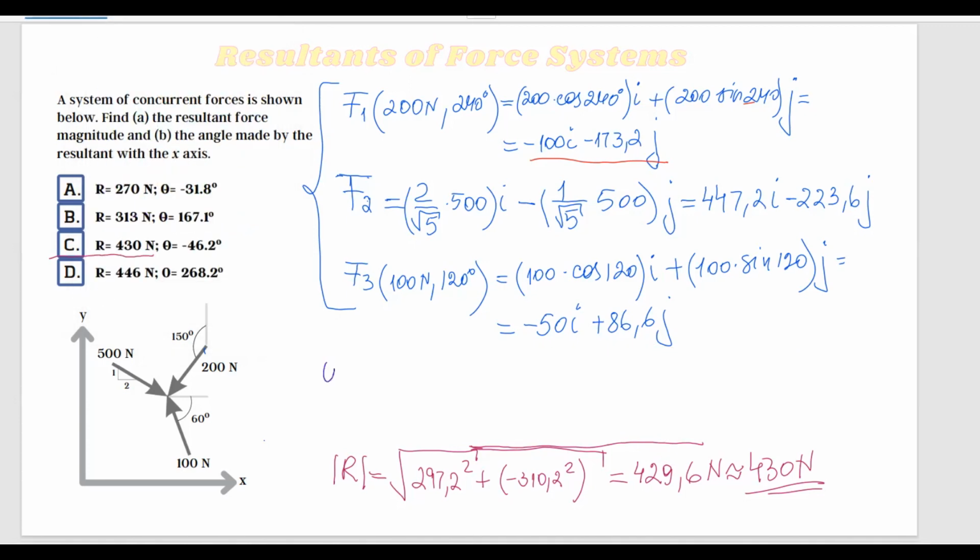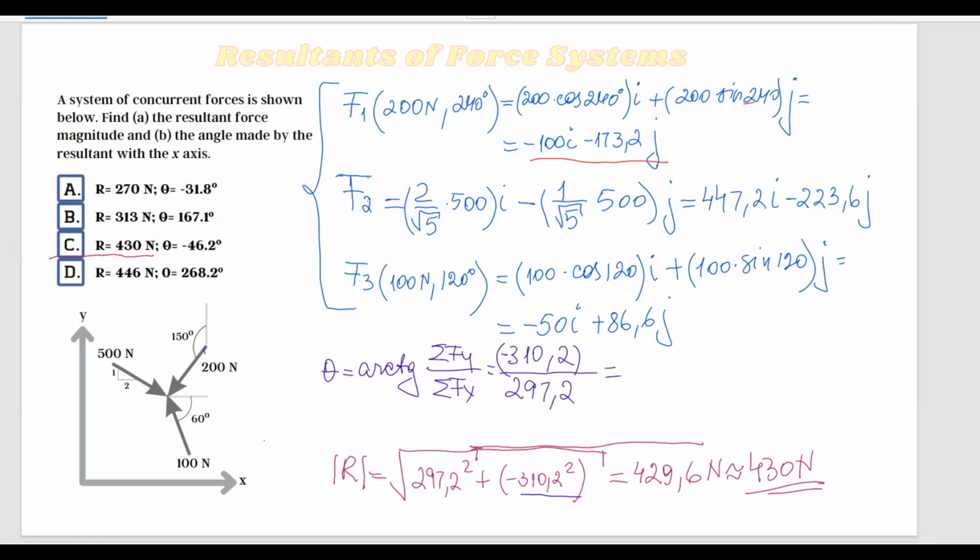Okay, so angle theta per formula in the FE handbook is arctangent of the sum of Fy forces over the sum of Fx forces. So I have the Fy as minus 310.2 over the Fx, which is 297.2.